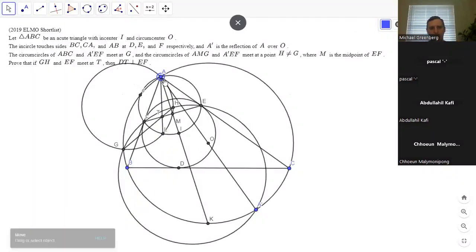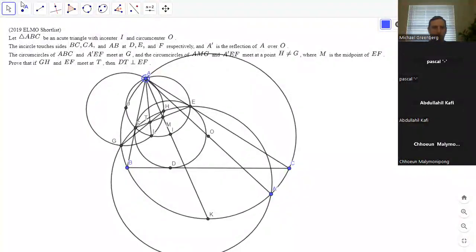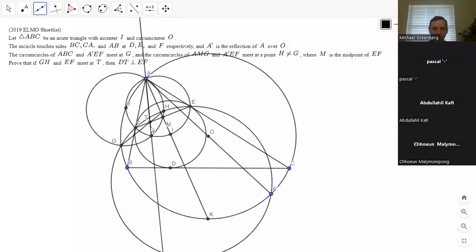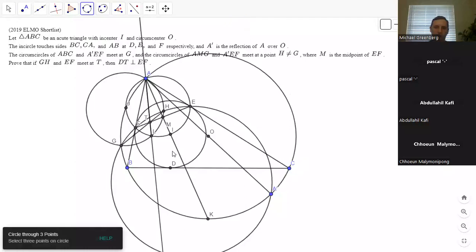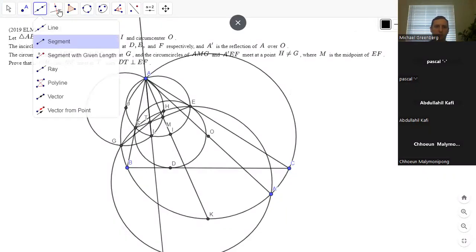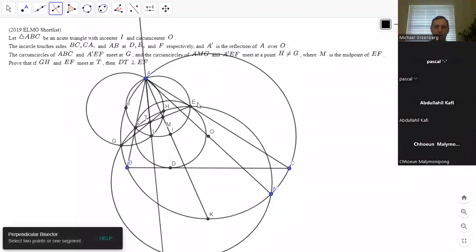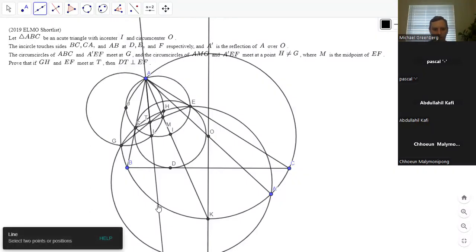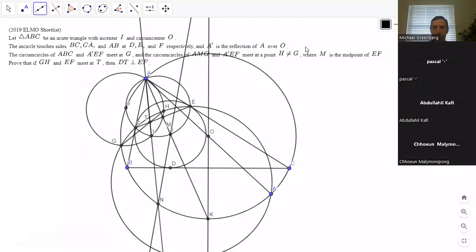So I wonder if there's something special about AL. Does it pass through the mixed linear point of tangency of the mixed linear incircle? Let's see. So actually, I don't think it does. I think it's very unlikely that it does, but I'll check it. So yeah, it doesn't. But there might be some other stuff.